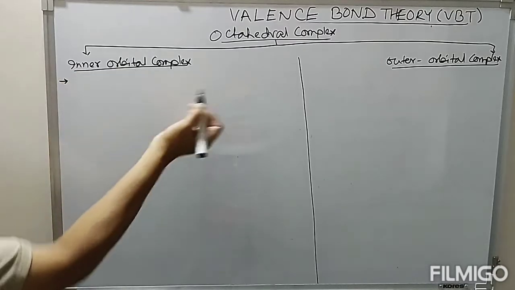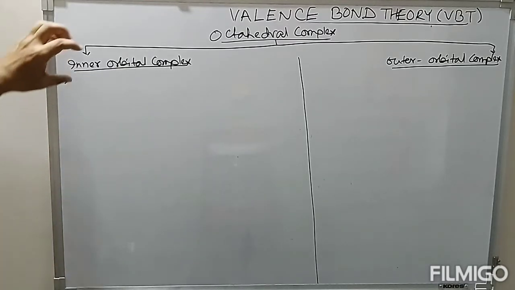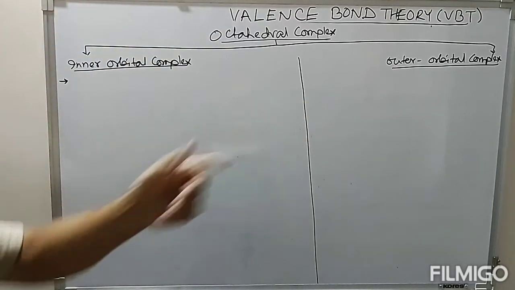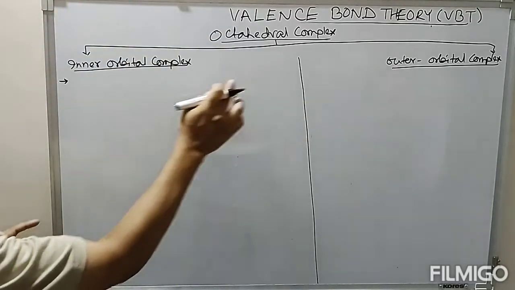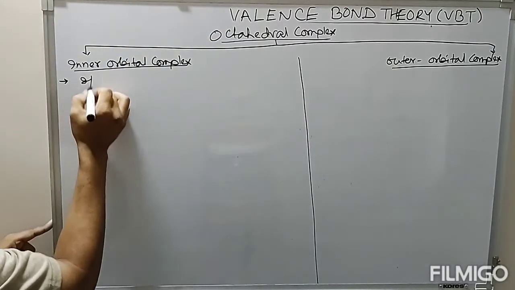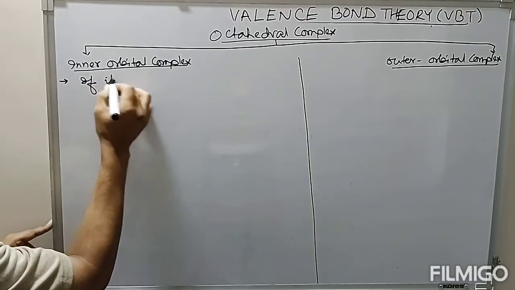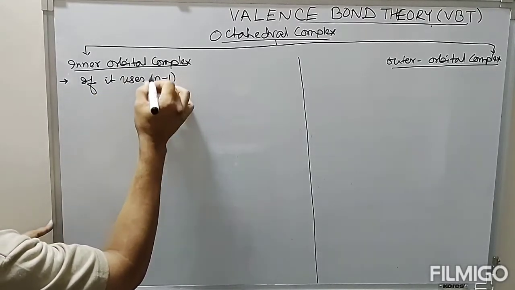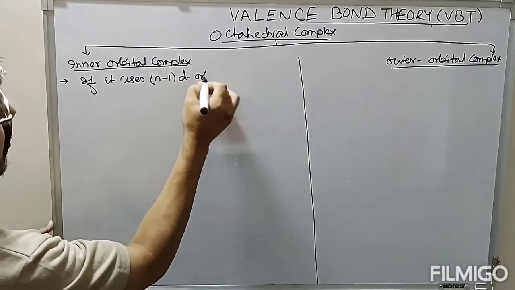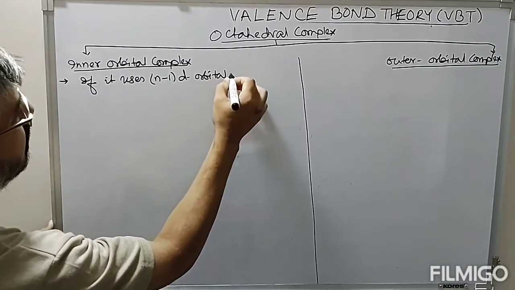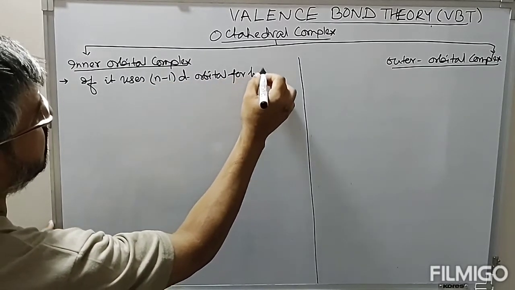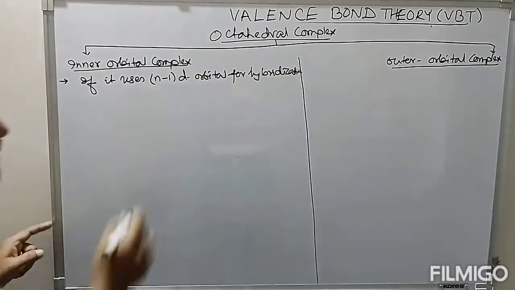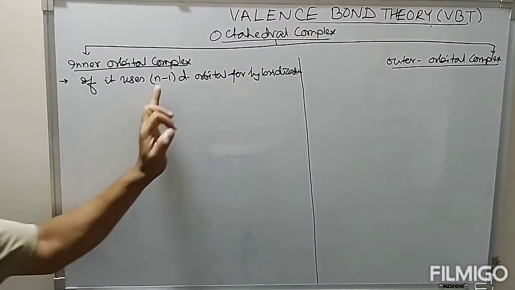Now an octahedral complex is known as inner orbital complex if it uses (n-1) d orbitals for hybridization, where n is the valency shell.